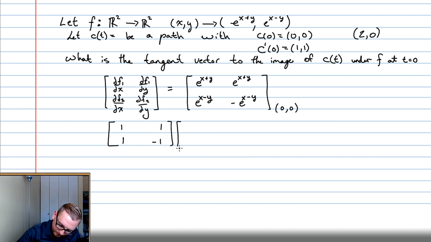Plug in 0, 0. We've got to multiply by c prime of 0, which is 1, 1, which will give us what vector? It'll give us row by column, right? So 1 times 1 is 1, plus 1 times 1, which is 2. And then we've got 1 times 1 minus 1 times 1 is 0. And we've got this vector, 2, 0.